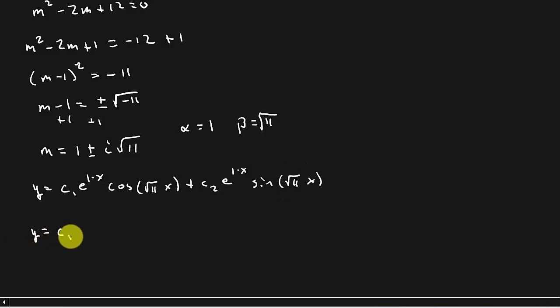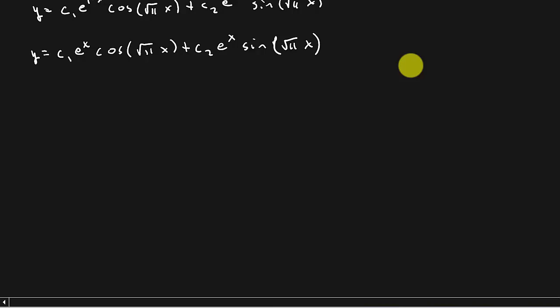And so y equals C1 e to the x, I'm just doing 1 times x is x, that's all I'm doing in this step, cosine square root of 11x plus C2 e to the x sine square root of 11x.